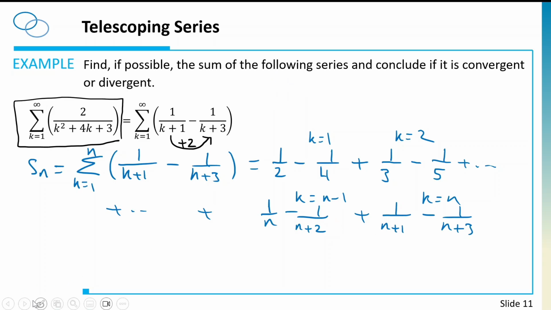Now what should be left? What can we cancel out? Think about it this way: the first 2 positive terms will remain, and the last 2 negative terms, this one and this one. Everything else will be cancelled out. No need to expand more, even though you don't see it now as you cancel out terms.